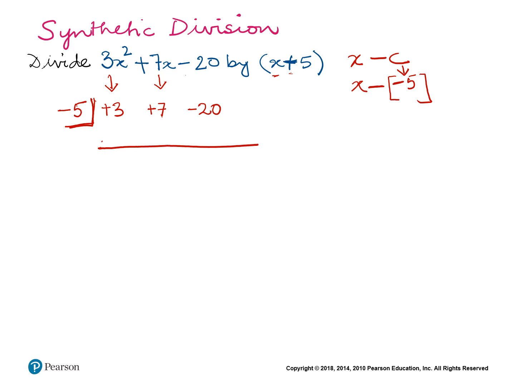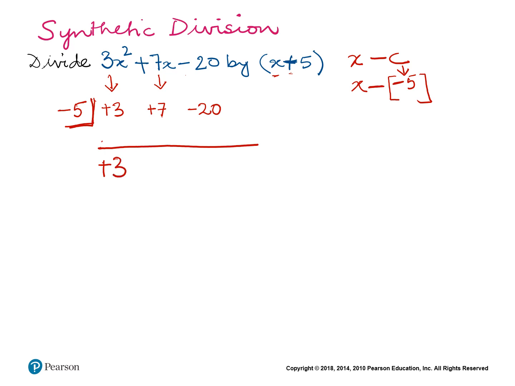We need to leave some space because we will be using the space to write. The first thing is, for the first coefficient, just write it as is beneath this line. So we have a plus 3. I'm going to write the plus 3 below the line, not here, but below the line. Plus 3 as is.